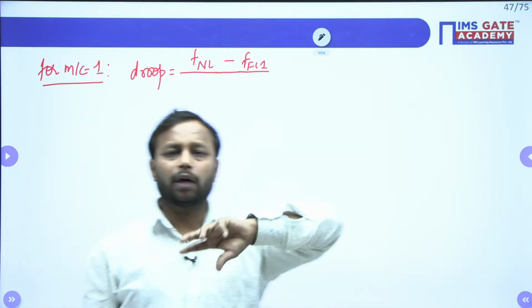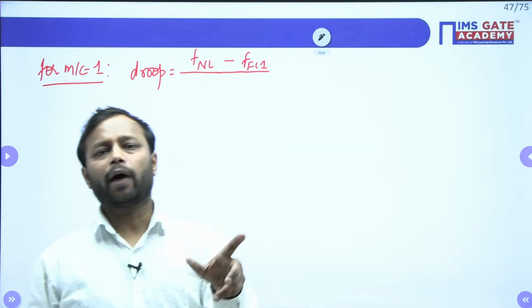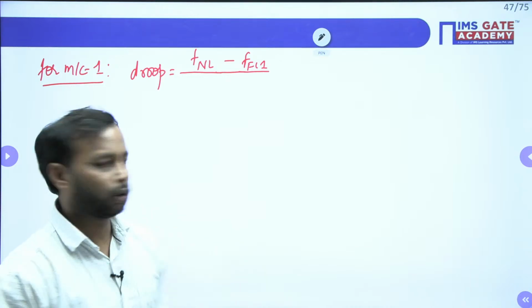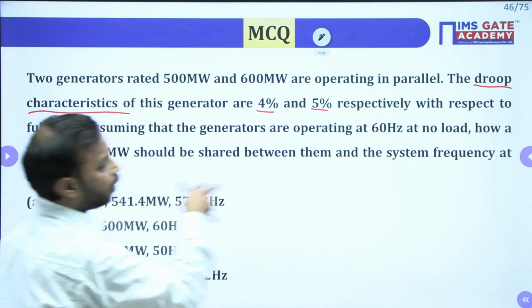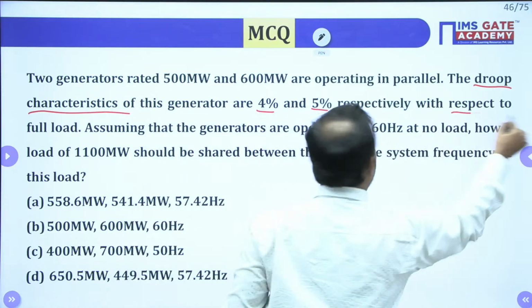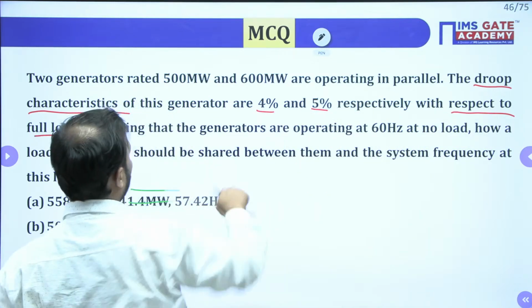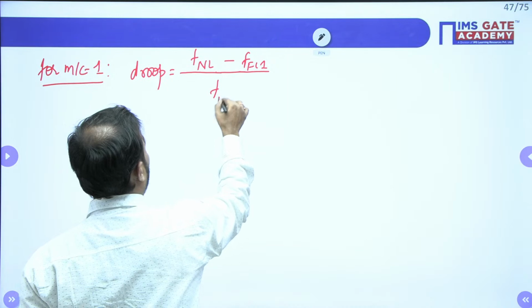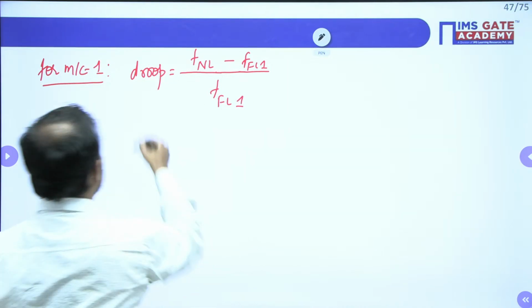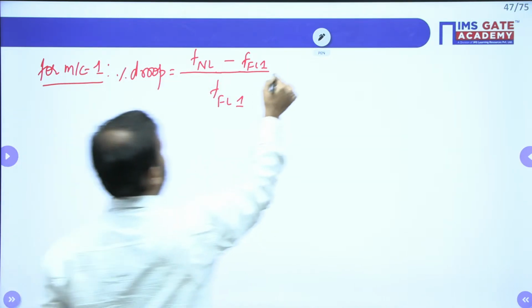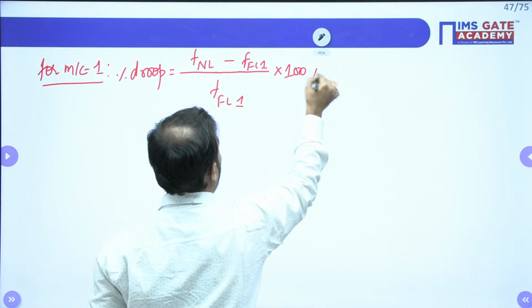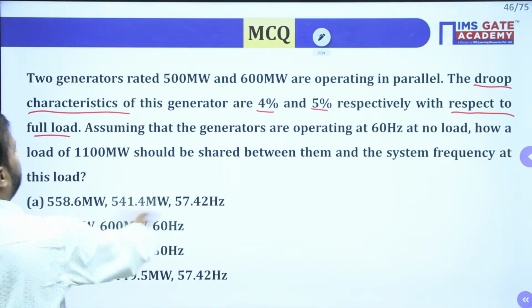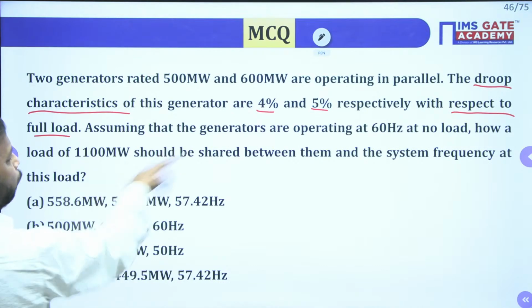Any of the two values can be taken as a reference. In the question it is already mentioned that these are with respect to full load. So we need to take here FL1. So this is the percentage drop.